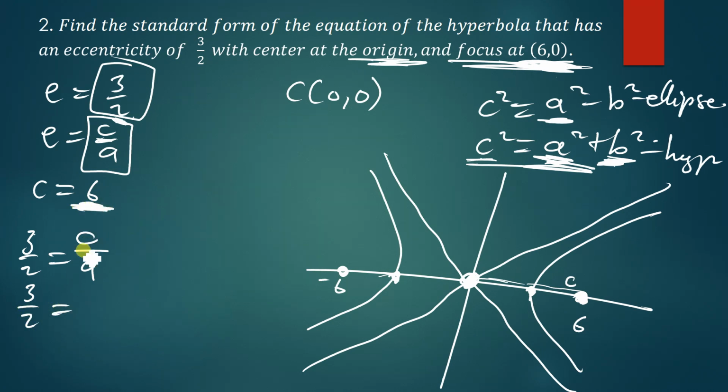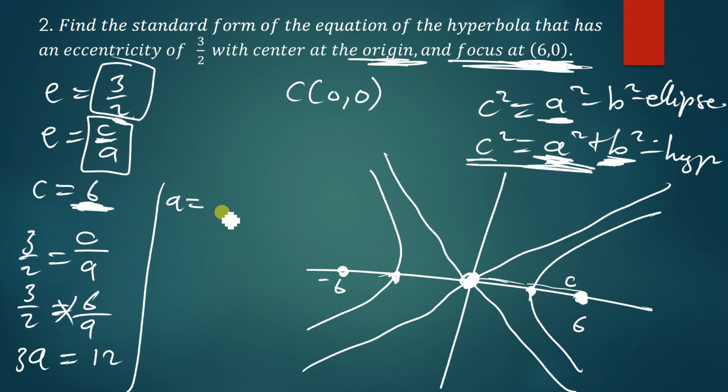We found c to be 6, so we say 6 over a. When you cross multiply, 3 times a gives 3a, and 2 times 6 gives 12, meaning a is equal to 12 divided by 3, which is 4. So our a squared is equal to 16.